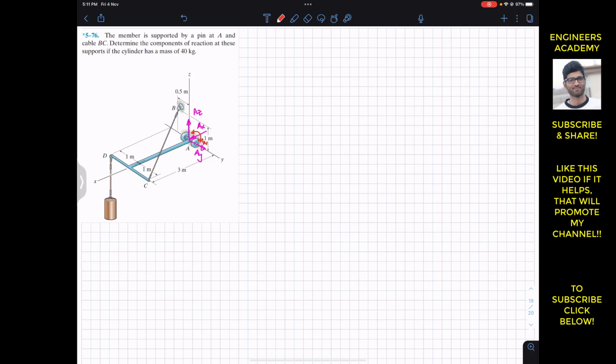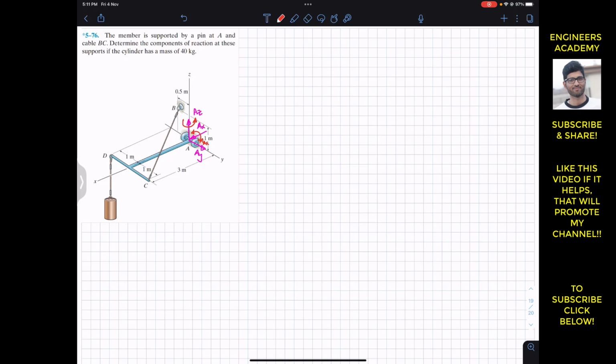This is MAX, the moment support that it provides about the x-axis. And similarly, this can also provide the moment support about the z-axis, since this member cannot be rotated. So this pin is providing the moment reaction about the z-axis. So let's say that we have the MAZ in this direction.